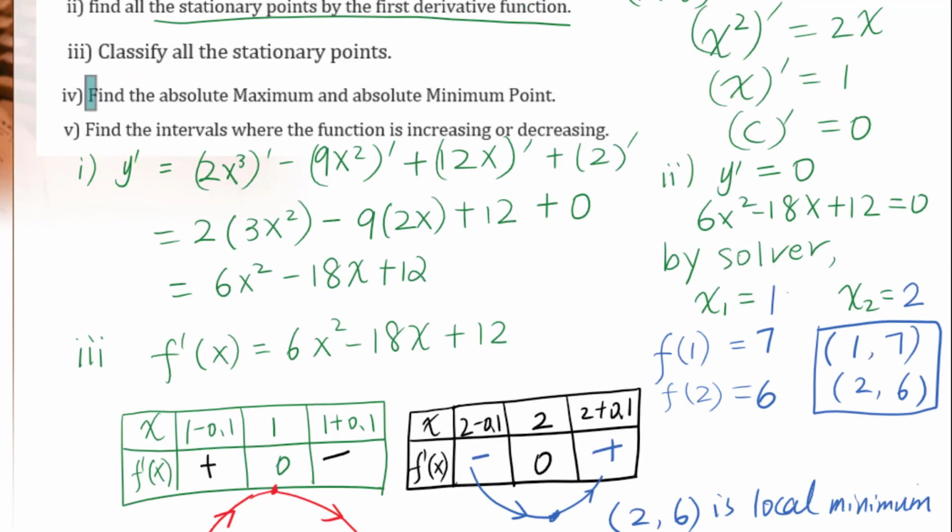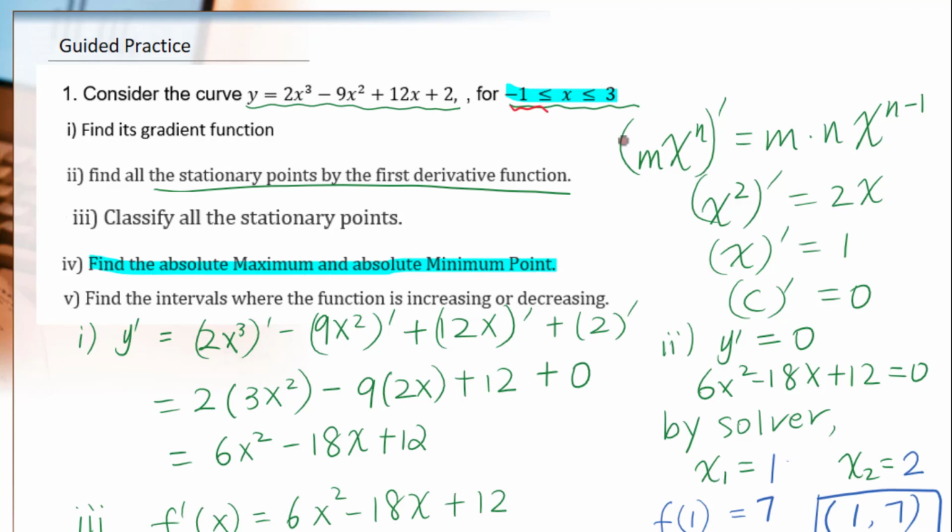For number 4, find the absolute maximum and absolute minimum points. We call these the boundary points. Find f of -1 and f of 3. Then compare to the local maximum or local minimum points to figure out the absolute maximum or absolute minimum points.